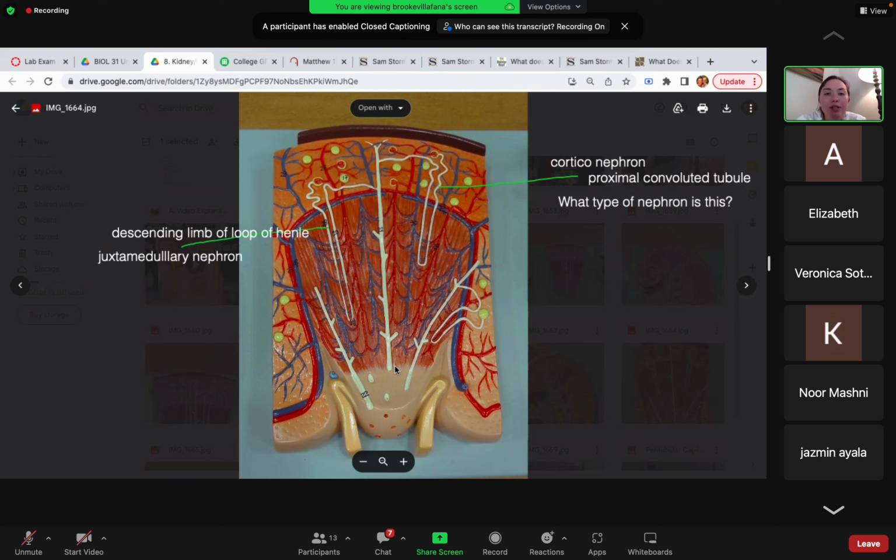They flow together into the collecting duct, right? We have the PCT, DCT, ascending and descending limb, collecting duct. I used to get confused when I was in the class, how do we know which one is descending limb and which one is ascending limb? Descending limb goes away from the glomerulus.